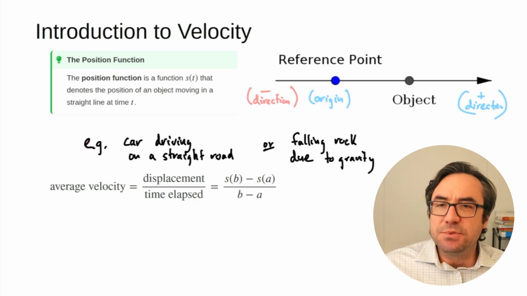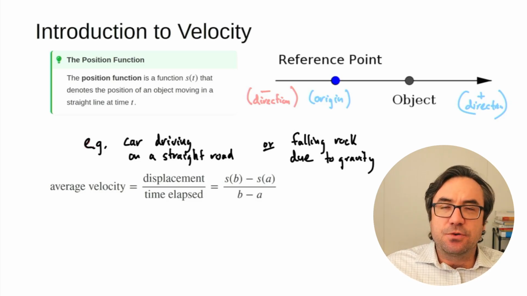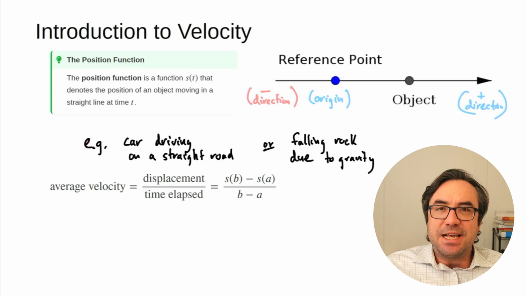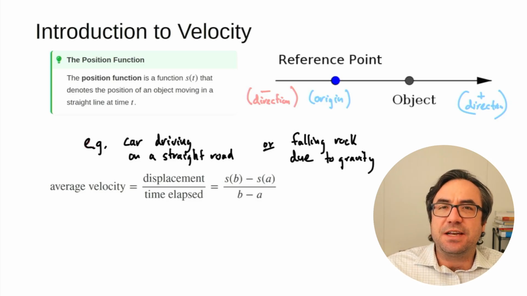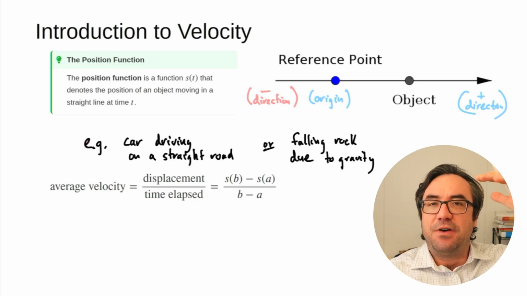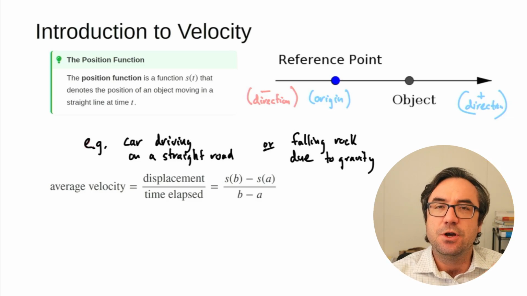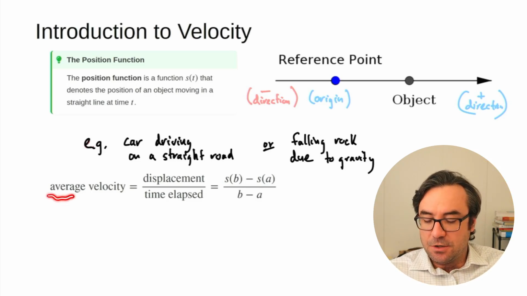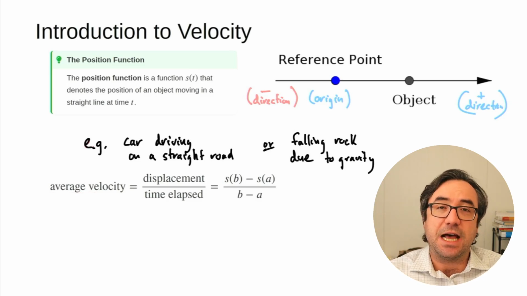And a natural question that comes up is how fast is that object moving? Now how do we actually measure how fast something is moving? Well, what we're really doing is we're measuring how far the object travels over a given amount of time. And this is called the average velocity.